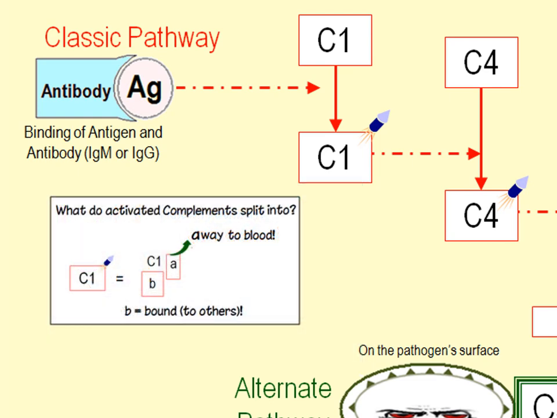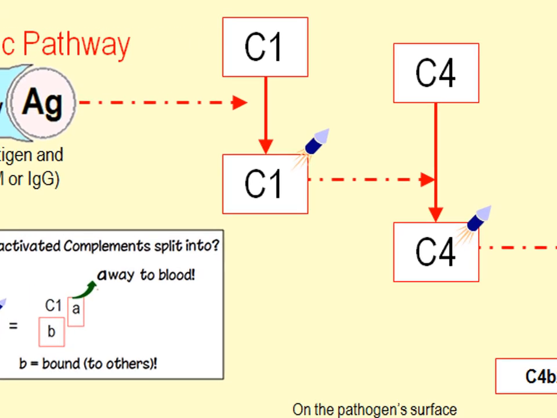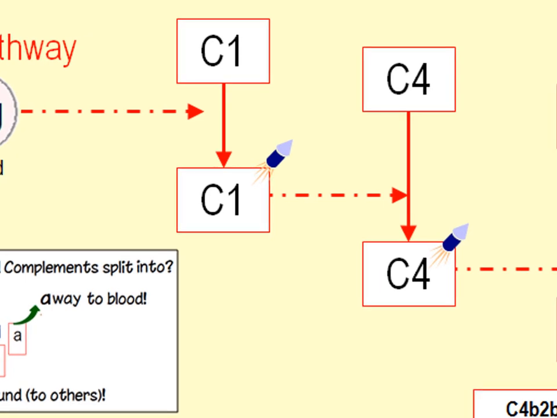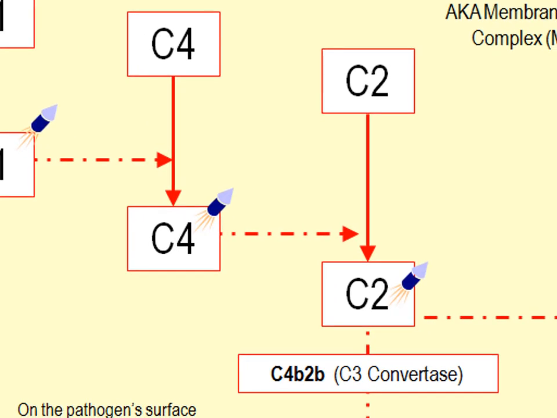So after this association of antigen and antibody, complement 1, which is already produced by the liver and is in the blood, is going to get activated. This is just a summary to orient you again. Activated C1 activates complement 4. Activated complement 4 activates complement 2.